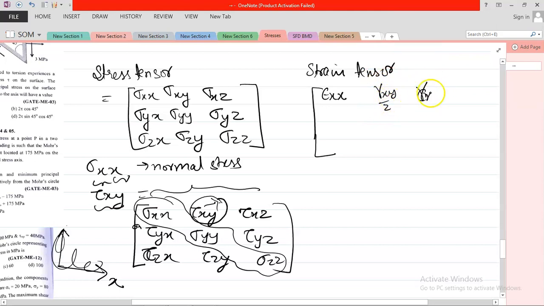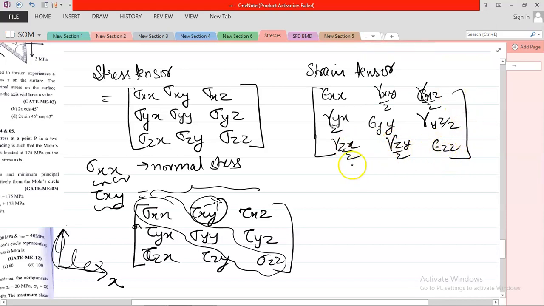It is gamma xz by 2. Here it is gamma yx by 2, here epsilon yy, here gamma yz by 2, gamma zx by 2, gamma zy by 2, and epsilon zz. So this is your strain tensor. This is your normal strains and this is your shear strains.